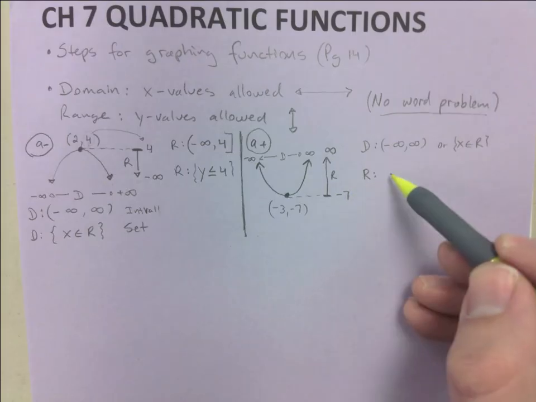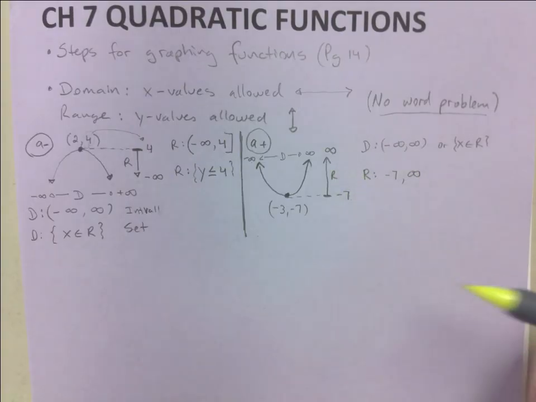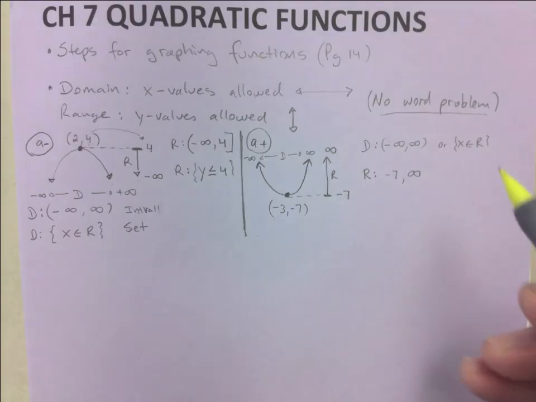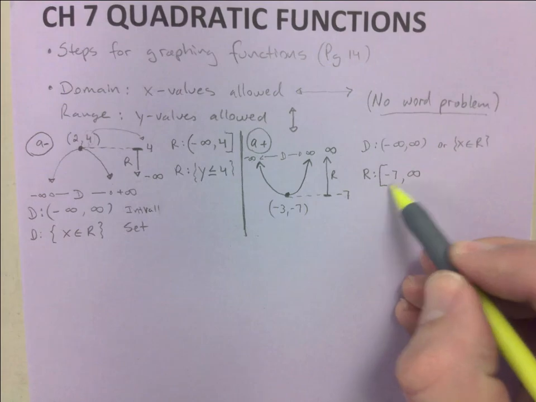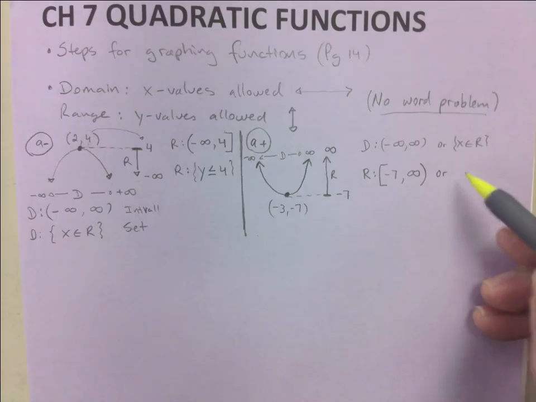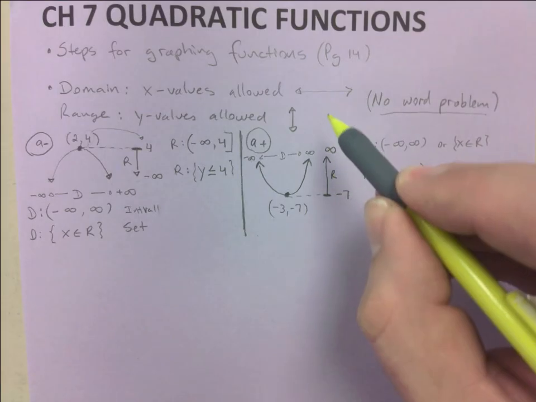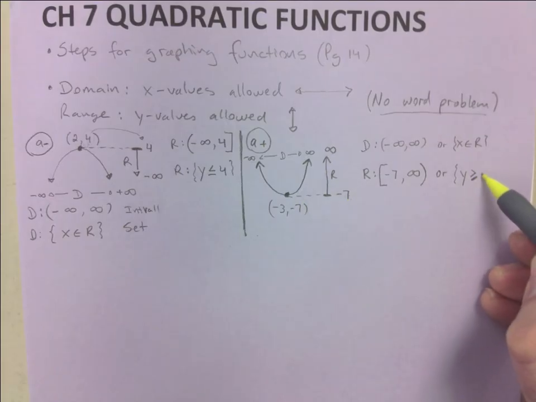So -7 is smaller than positive infinity. So you just got to make sure you get that right. And we can include the -7, but we cannot include infinity. Or, in this case, the y values would have to be greater than or equal to -7.